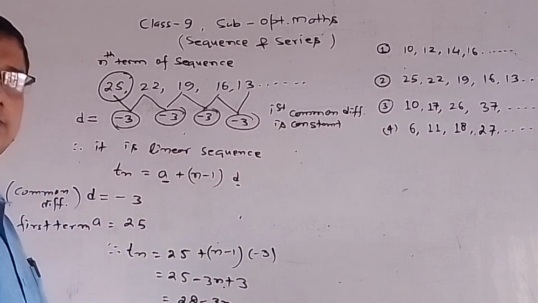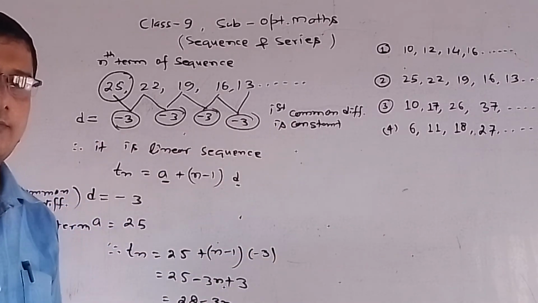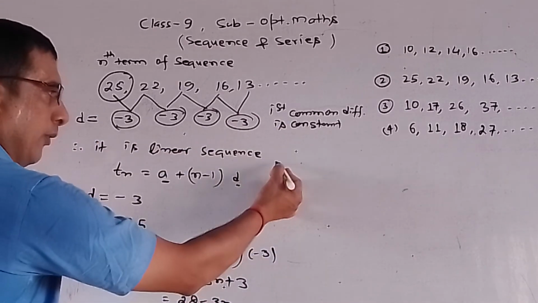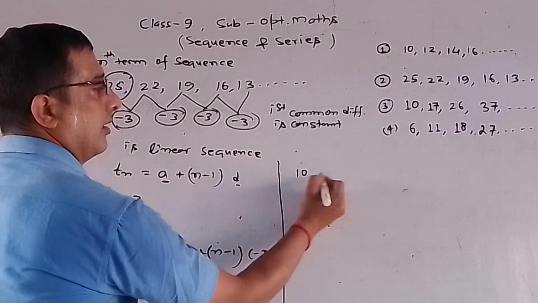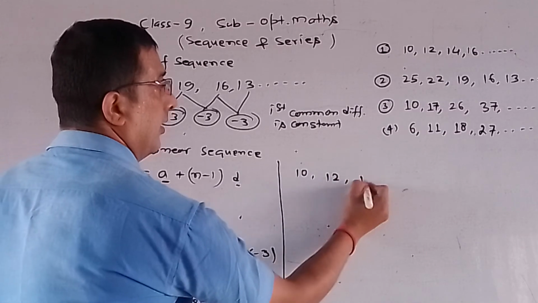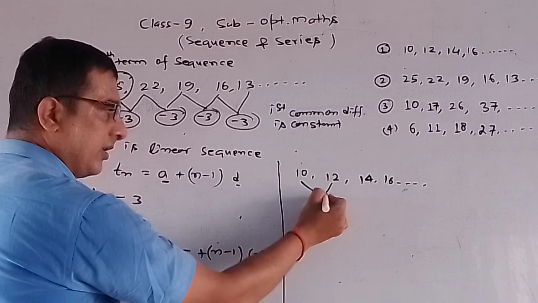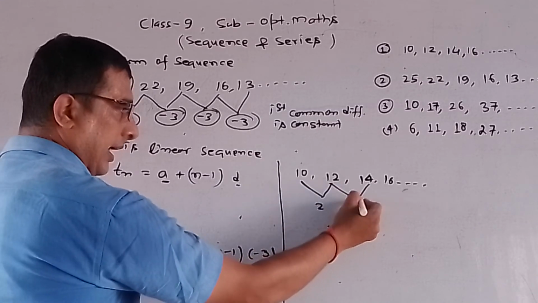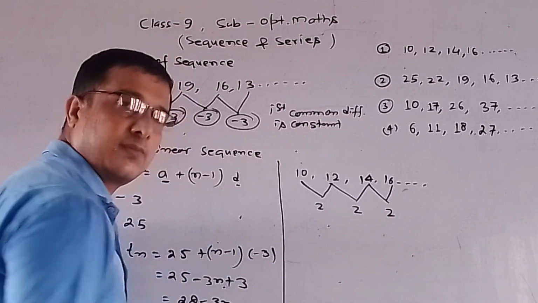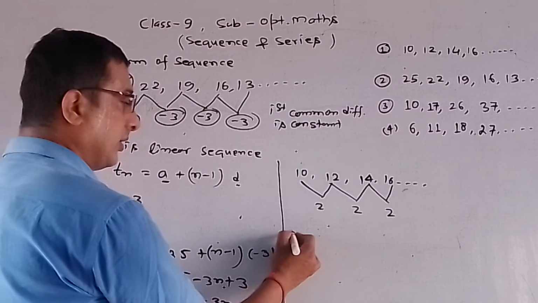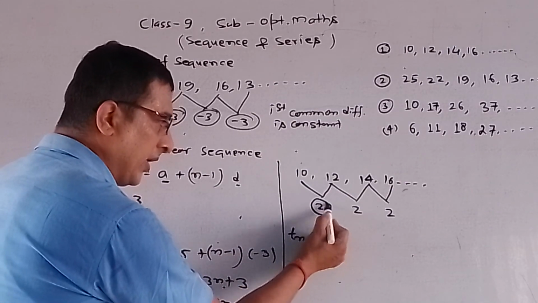There is another method also: without using the formula, you can write it directly. I am going to explain the shortcut method. Just like here, 10, 12, 14, 16. The first common difference is 2, the second is 2, the third is 2. So Tn is equal to 2n, since the common difference is 2.